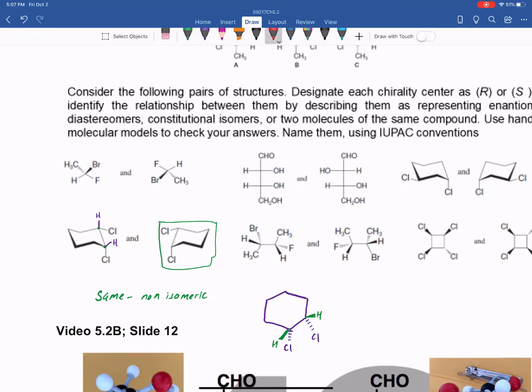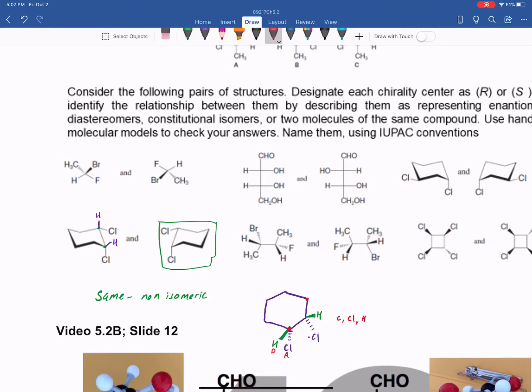So the first thing is to assign the priority. So I'm going to start with this carbon here. This obviously is priority D. This here is priority A. Now if I trace around to the right hand side, I'm going to encounter a carbon that was here, a chlorine that is here, and also the hydrogen that is attached to there.